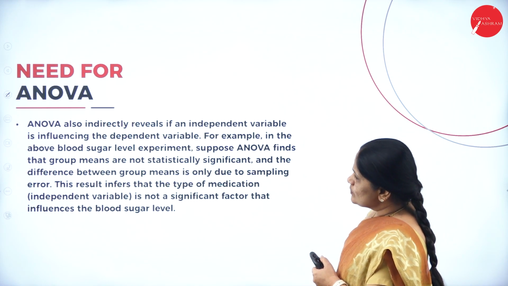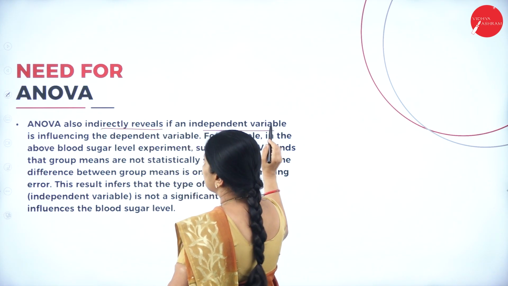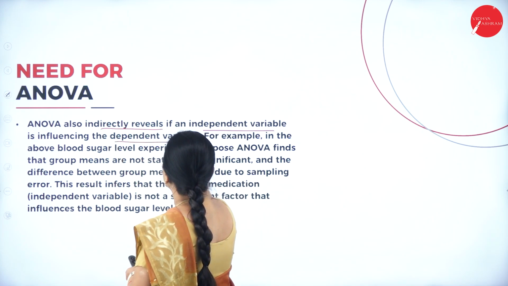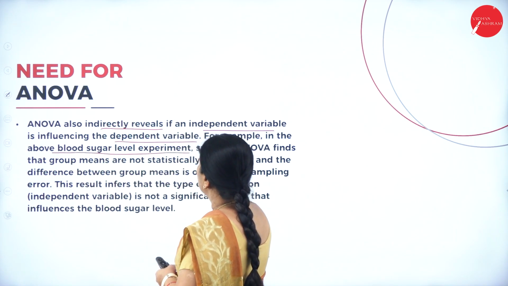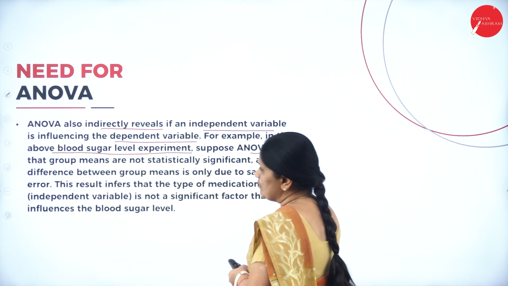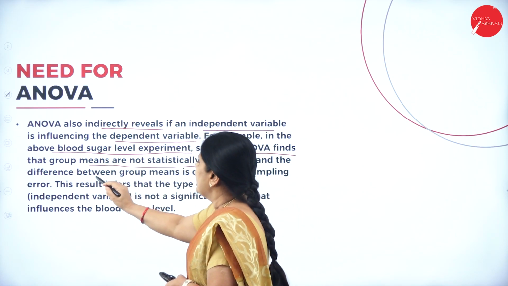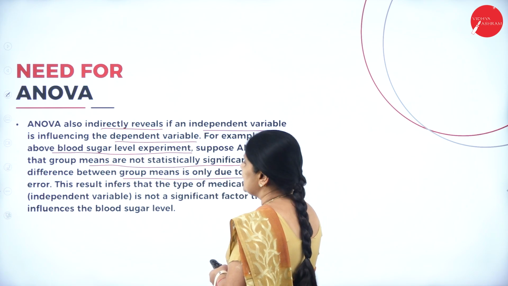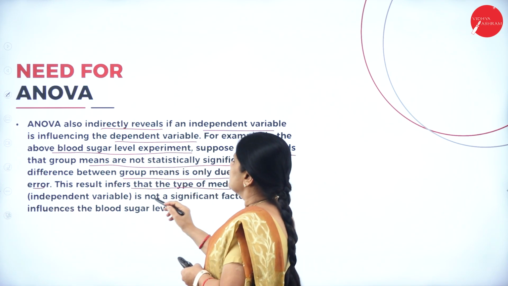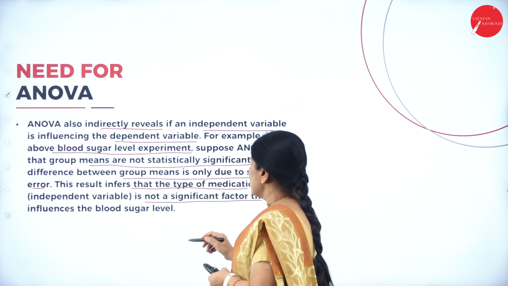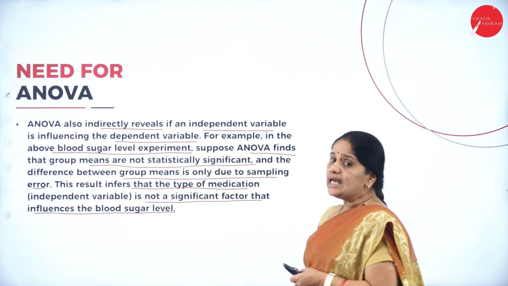Then next one, ANOVA also indirectly reveals if an independent variable is influencing the dependent variable. For example, in the above blood sugar level experiment, suppose ANOVA finds that group means are not statistically significant and the difference between group means is only due to sampling error. This result infers that the type of medication is not the significant factor that influences the blood sugar level.